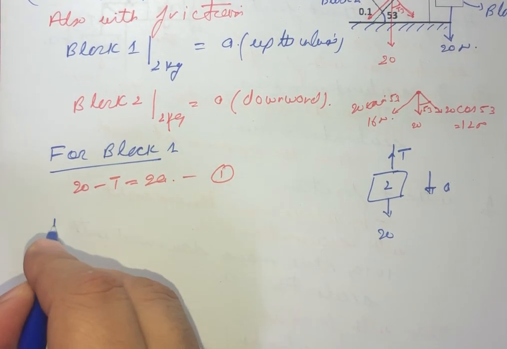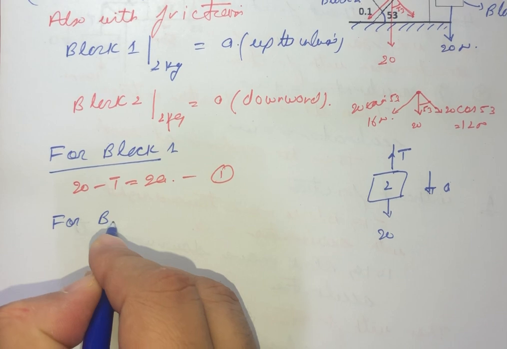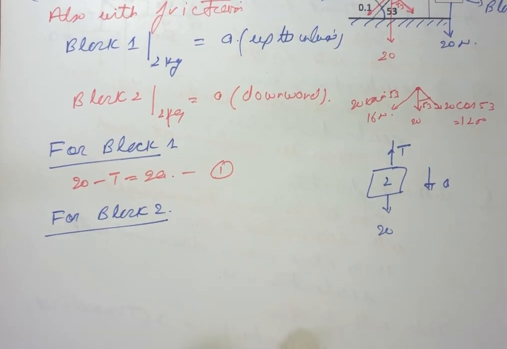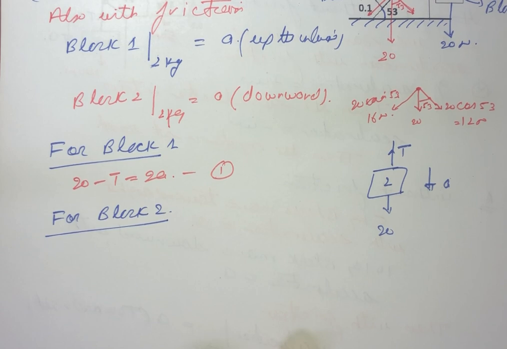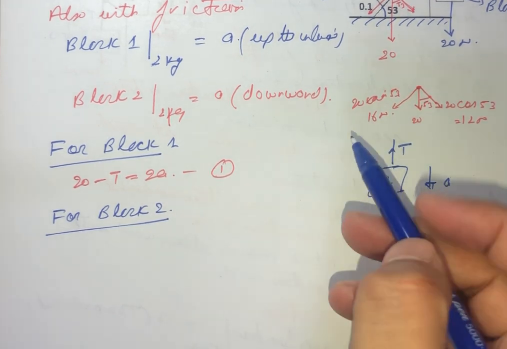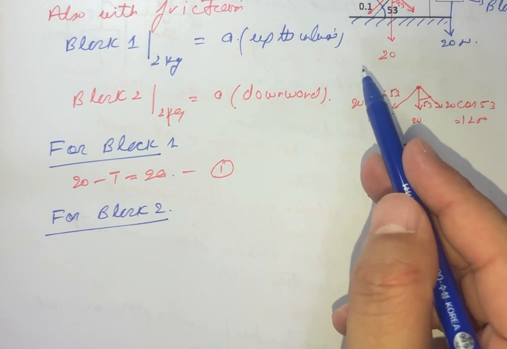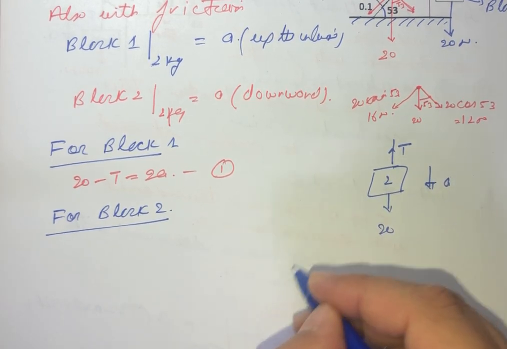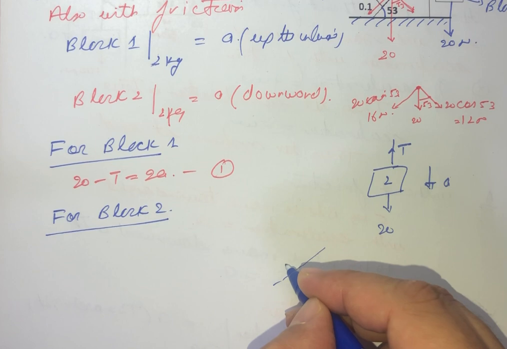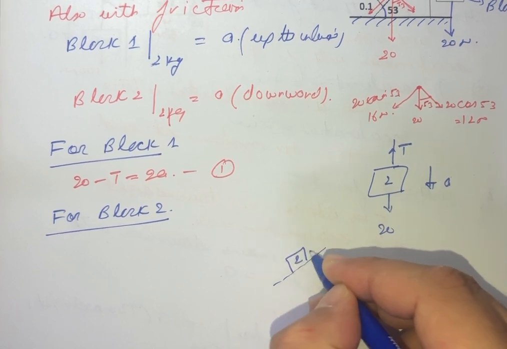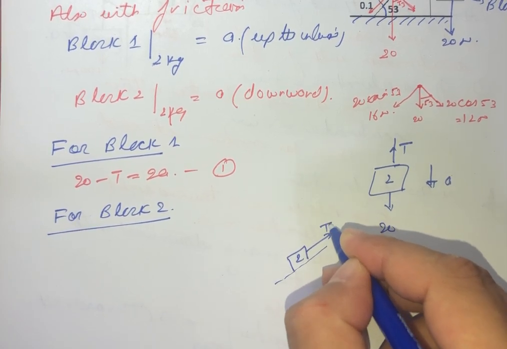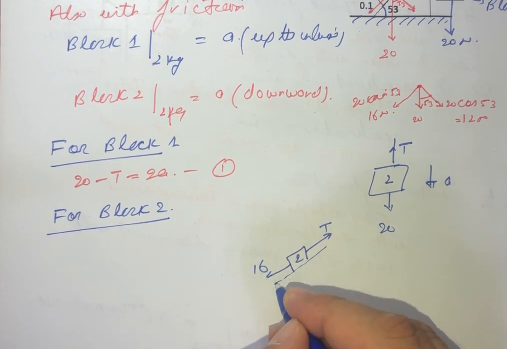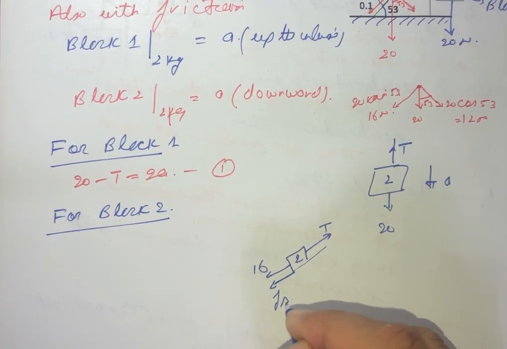And now if we formulate the equation for block 2, okay. So block 2, we have T, so this is our block 2, 2 kg, up the incline is T, down the incline is 16, and there is a friction Fr.